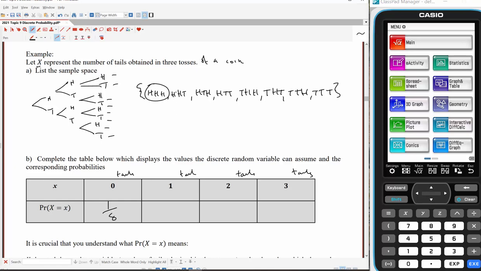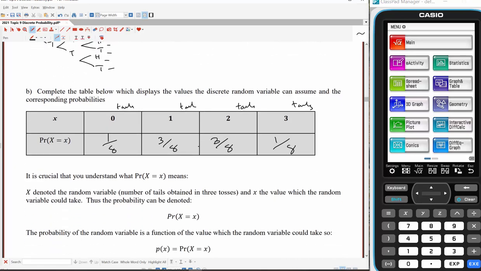Now we could get 1 tail here, here, and here. So that's 3 in 8. We could get 2 tails there, there, and there. 3 in 8. And of course we can get all tails, hit the jackpot. 1 in 8.